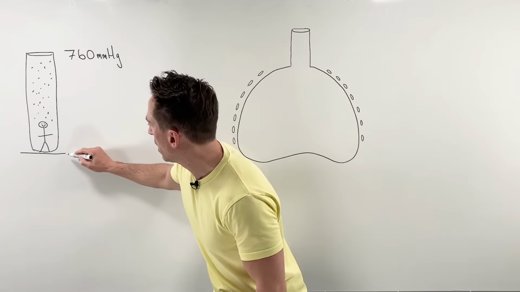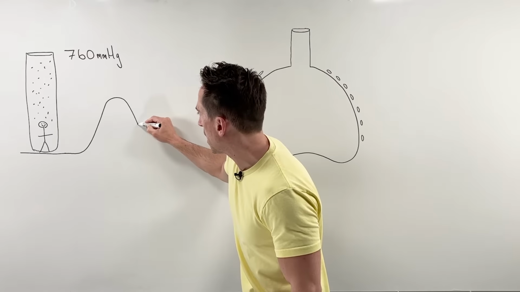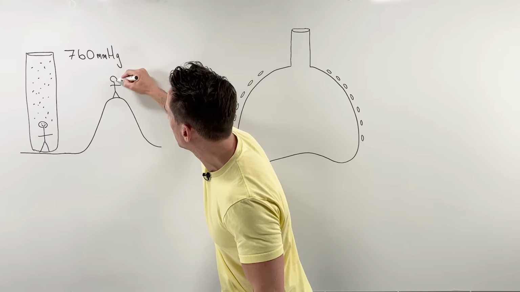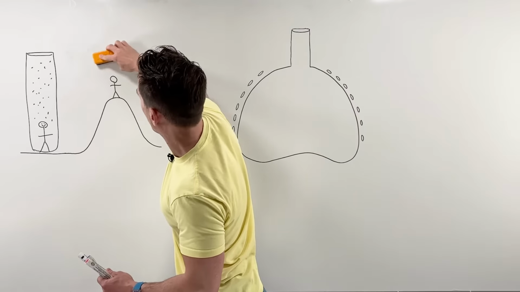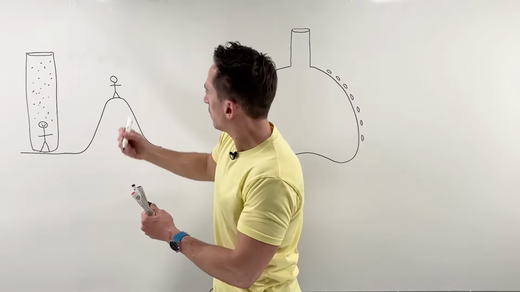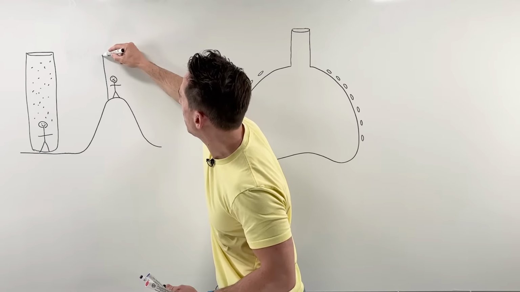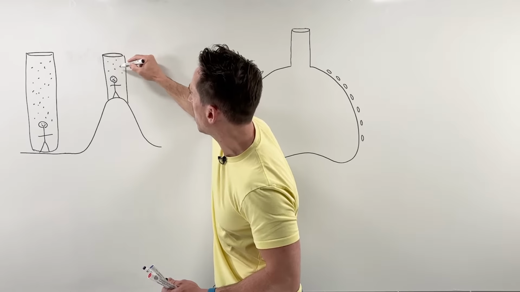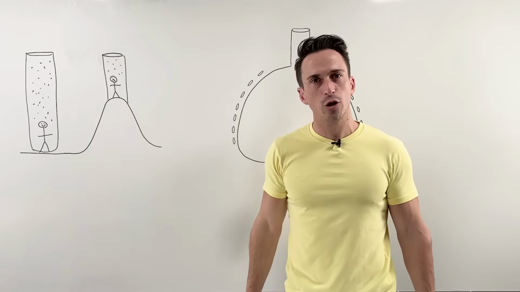So for example, if I decided to climb Mount Everest, and I'm now standing on top of a mountain, and I put a tube around me going up to the same height, think about all the gas particles inside: there's going to be fewer gas molecules inside of that tube.